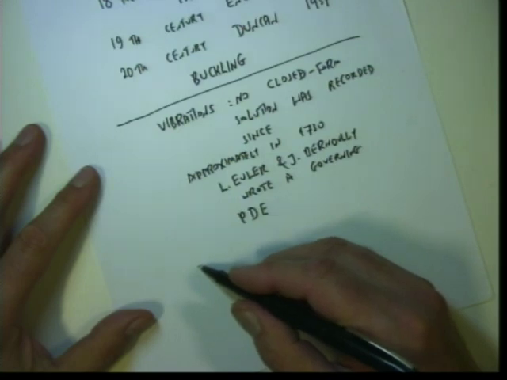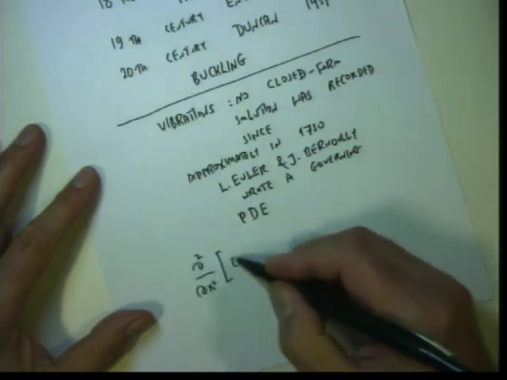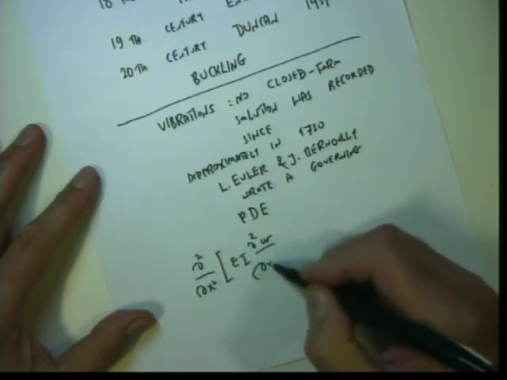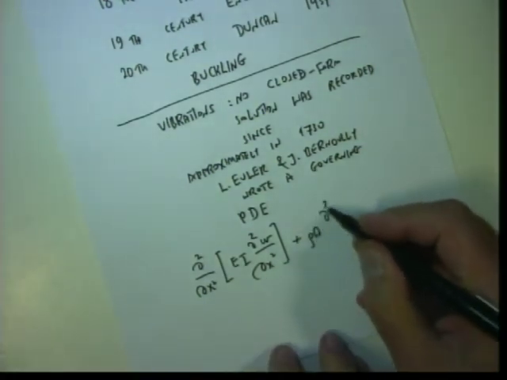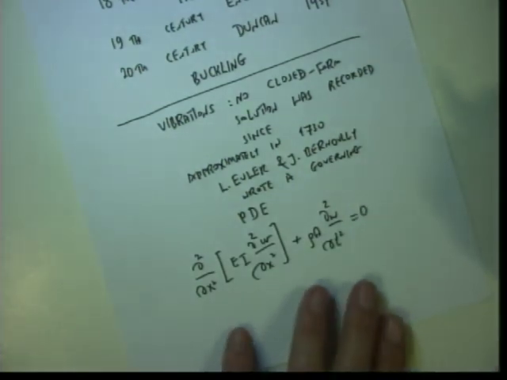And that is d2 dx squared of EI d2w dx squared, plus rho A d2w dt squared, equals 0.